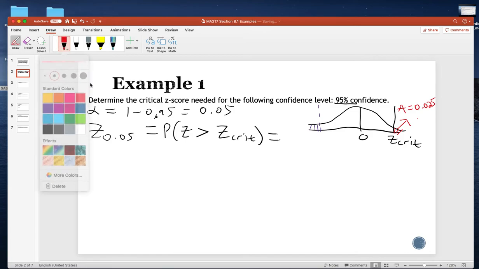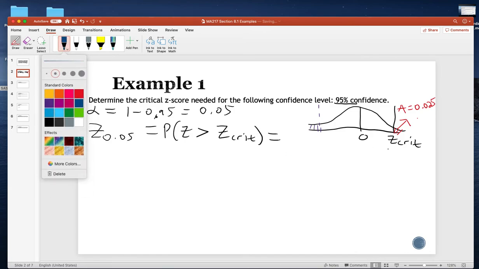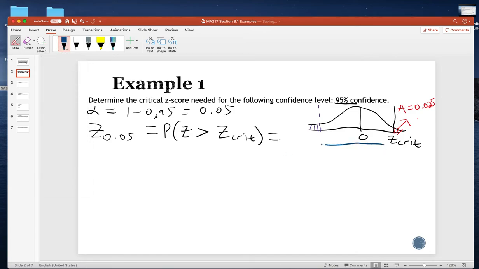which then means that all this area to the left of this critical z value is supposed to be 0.975 when we add 0.95 to 0.025.